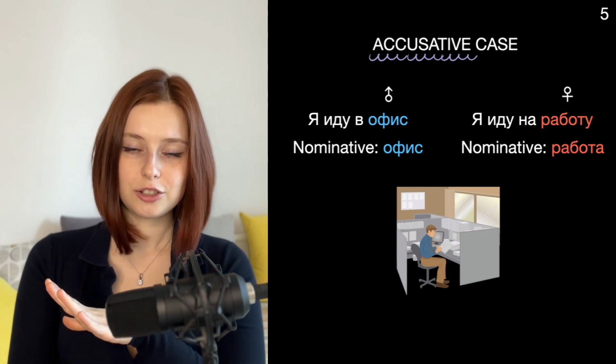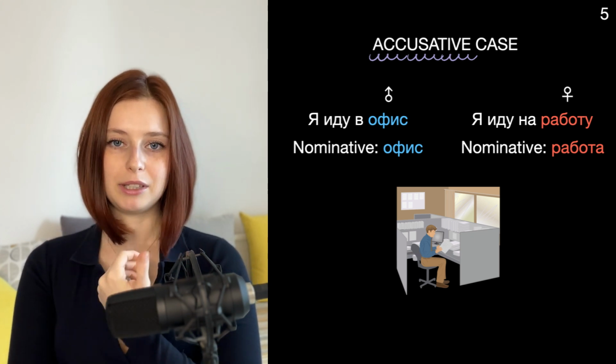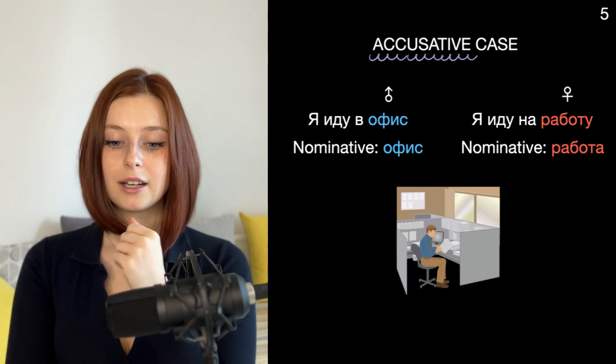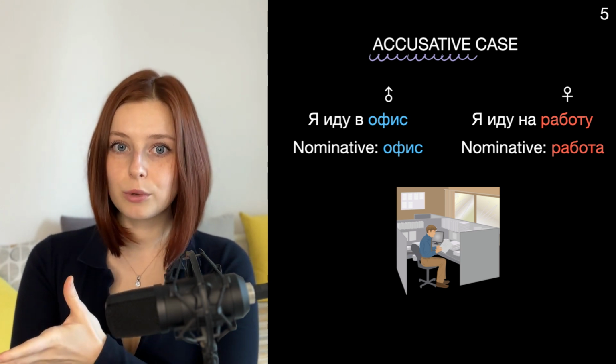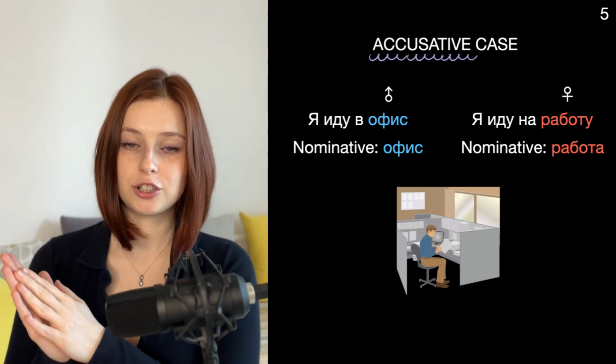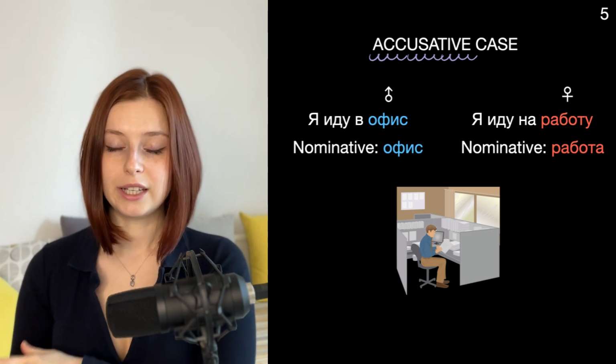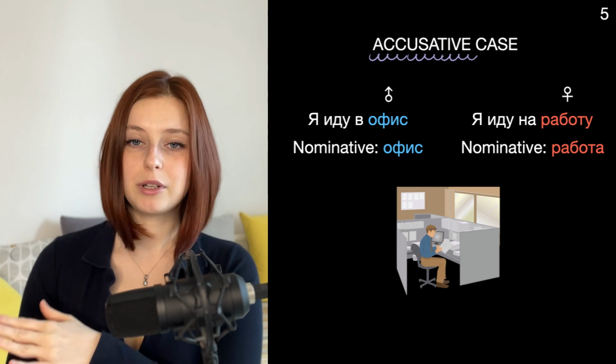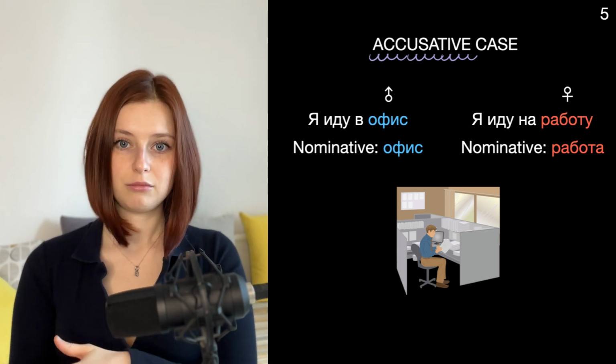На doesn't change, okay, but now it means to, towards. But you know it's towards work, to work, because работа changed to работу. In accusative case, feminine nouns change like this.